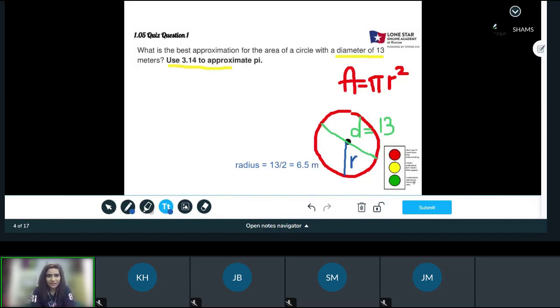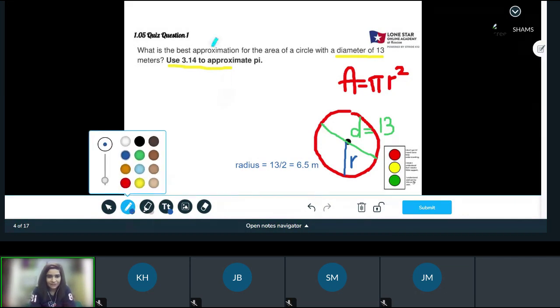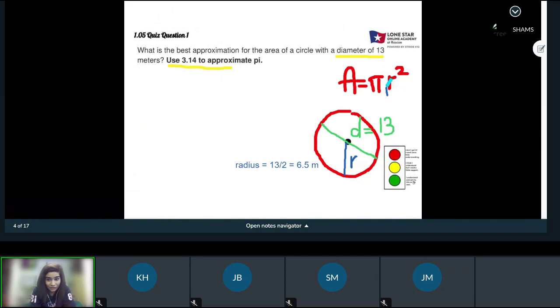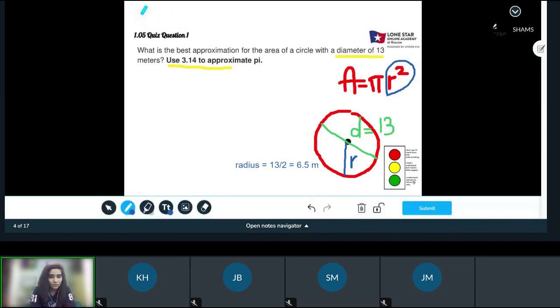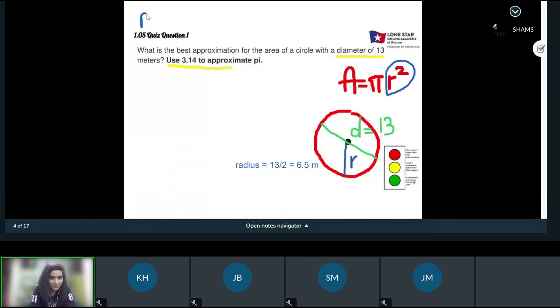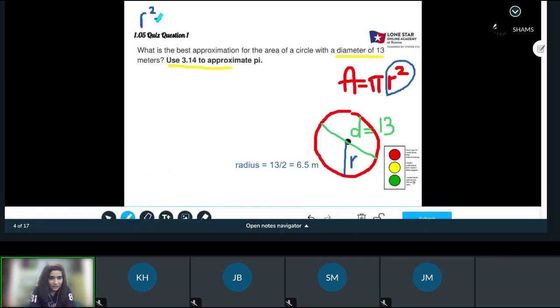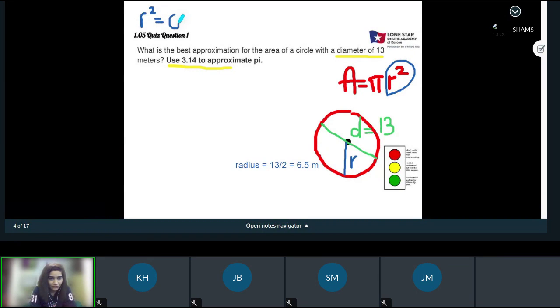Then, when I know that radius is 6.5, I don't need r. Look at here in the formula, I need r squared. So I will do r squared, right? And r squared means r is 6.5. I will square 6.5. And let's see how we will do that.